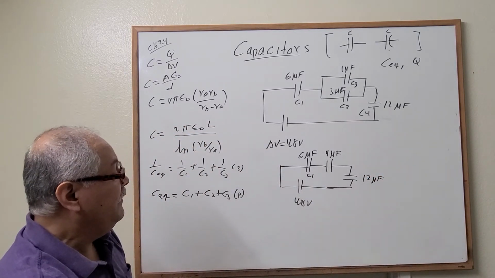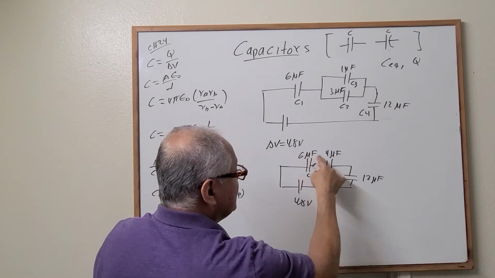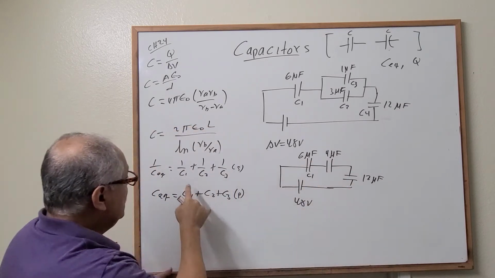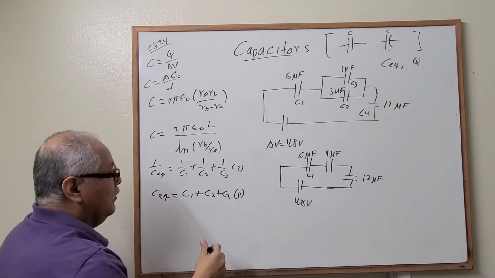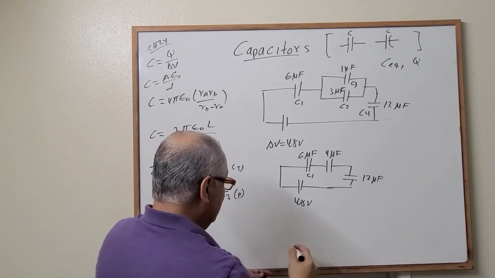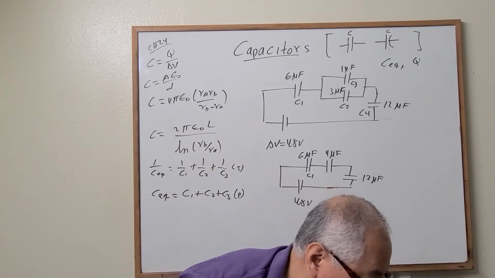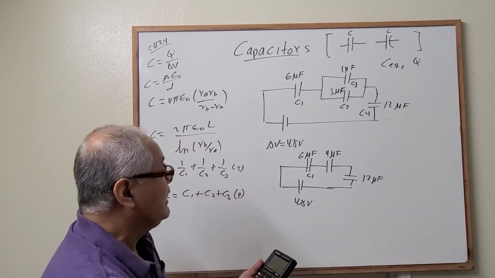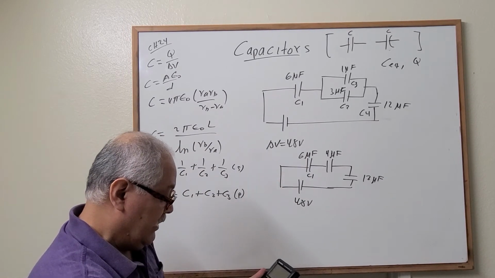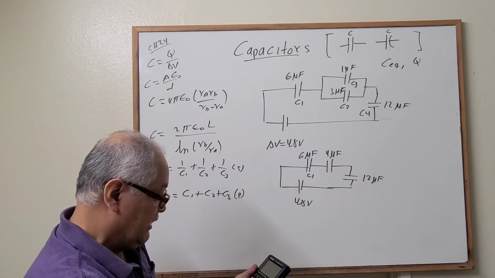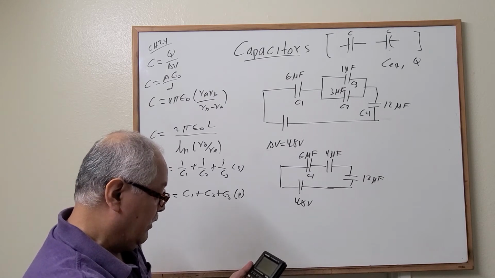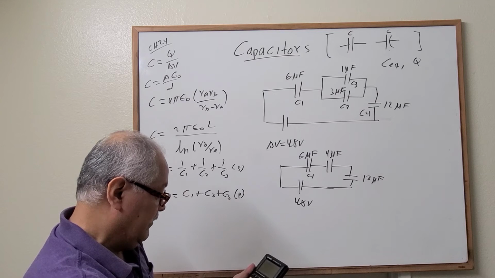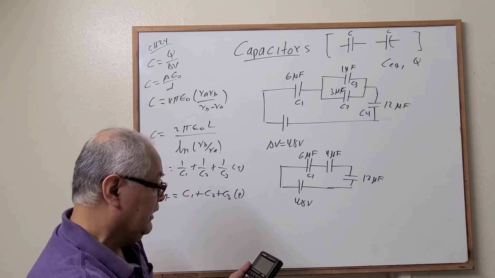Correct? Perfect. Now these three are in series. When they're in series, what do we have? Well, we take the sum of these 3 reciprocals. So it's going to be equal to 1 divided by 6 plus 1 divided by 4 plus 1 divided by 12, correct?